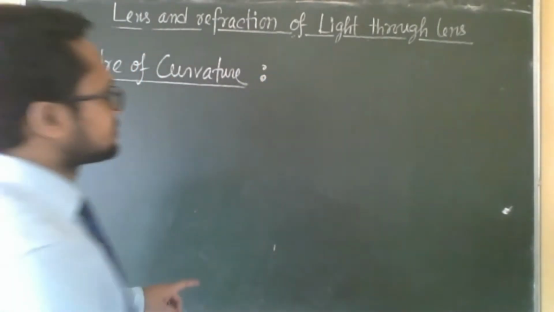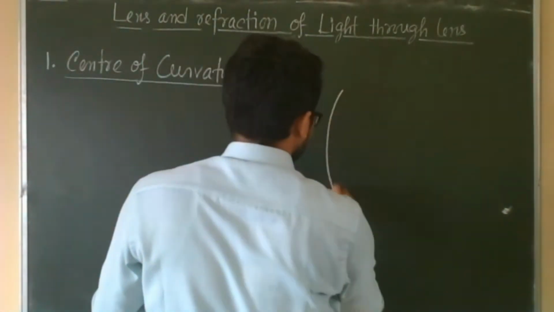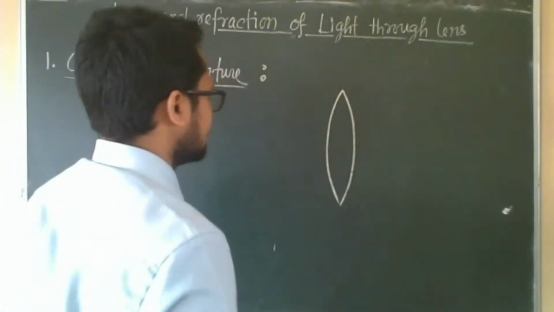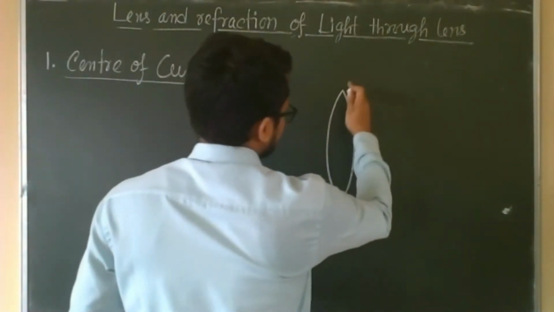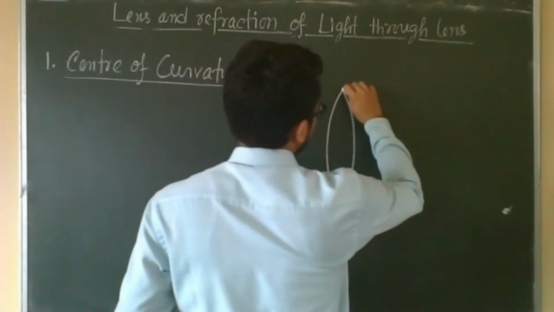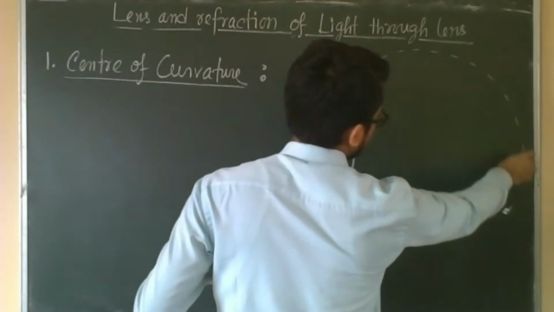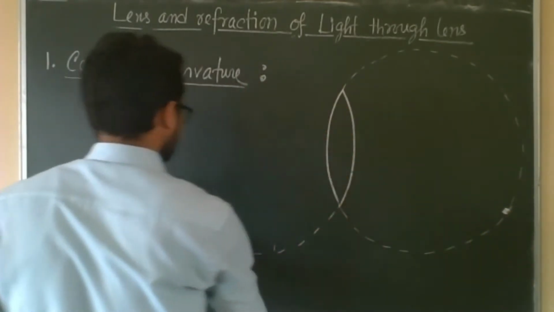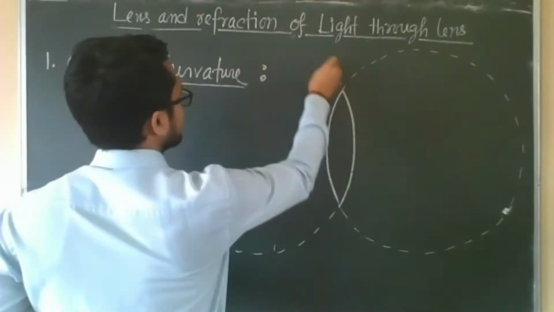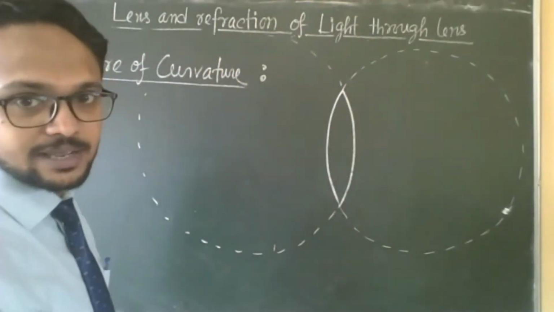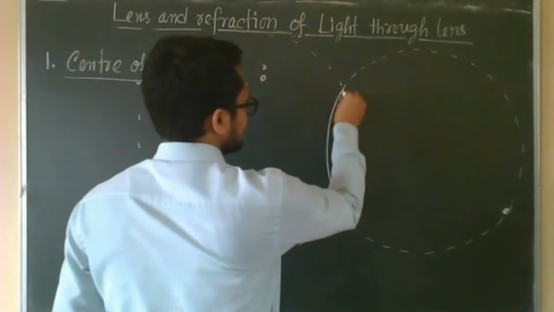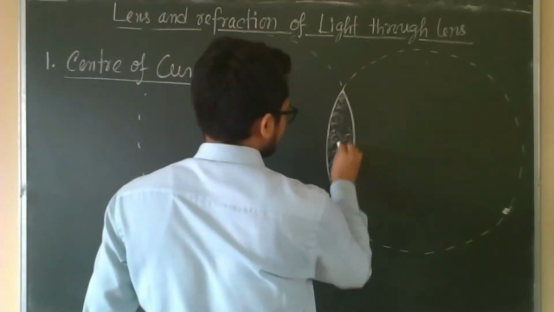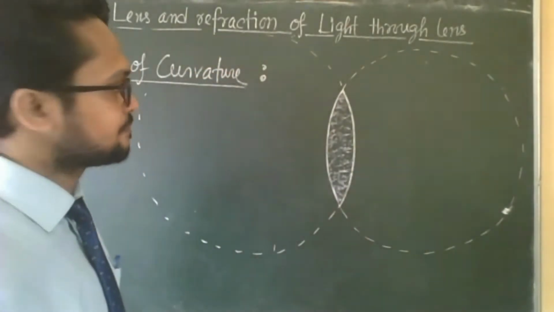If we take one lens, suppose this is a convex lens. Both surfaces are spherical surfaces, and each surface is a part of a large sphere, made of transparent refracting material.